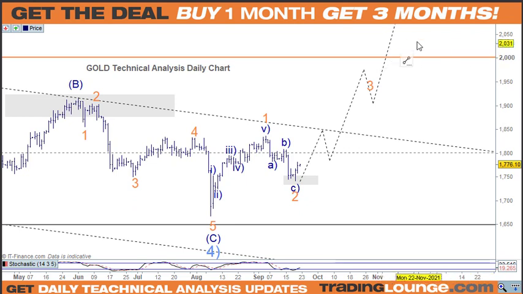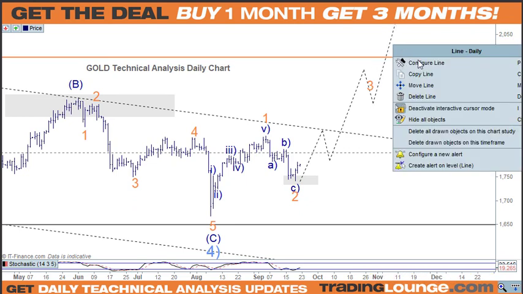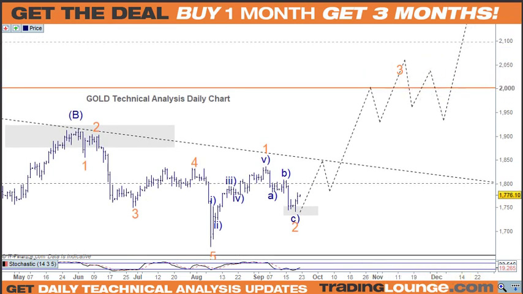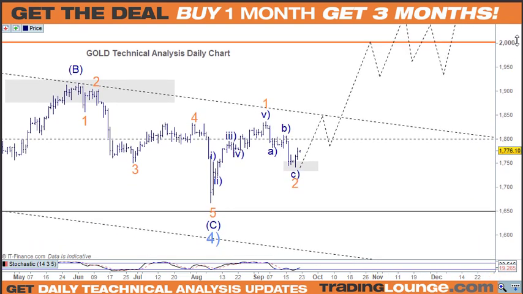It's not quite right there, so let me just rejig that. It will be something like that, and then the first high above the level, then wave 4 will come across here, and then wave 5 going up. So it's going to be a little bit tricky, but still this is the situation.